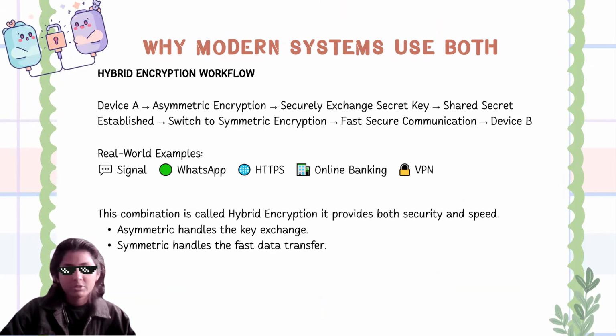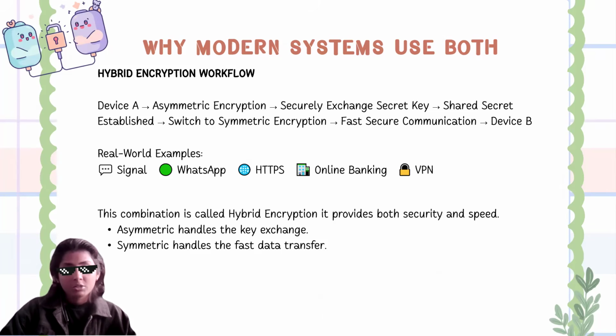First, asymmetric encryption securely establishes a shared secret between two devices, device A and device B. Once both devices have the shared key, they immediately switch to symmetric encryption. The rest of the connection is based on symmetric encryption, and the data is shared during that secure connection.